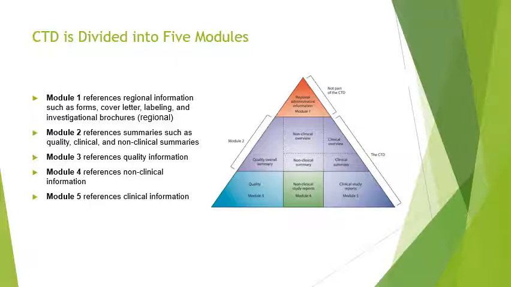Module 3 will have quality information. Module 4 will include non-clinical information, and module 5 will include clinical information. The summary of all these 3, 4 and 5 sections is presented in module 2, and it's clearly shown in the figure of the CTD triangle.